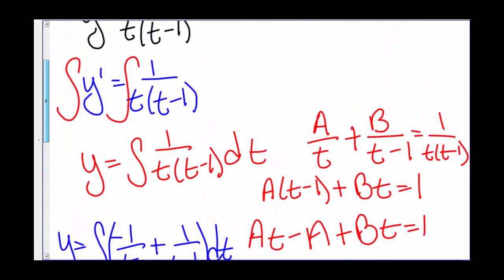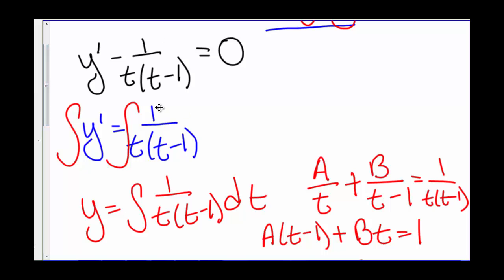When we take the derivative, we should get back to 1/(t(t-1)).